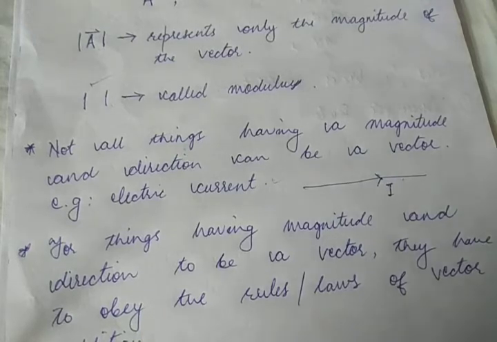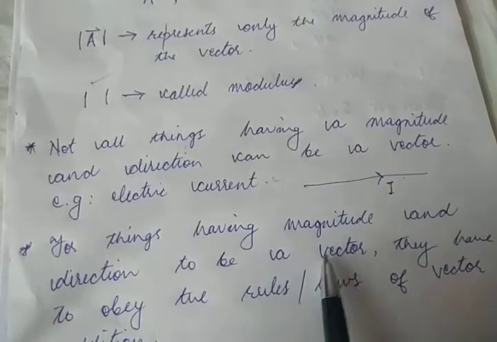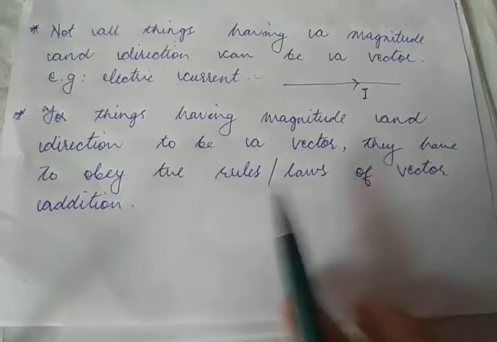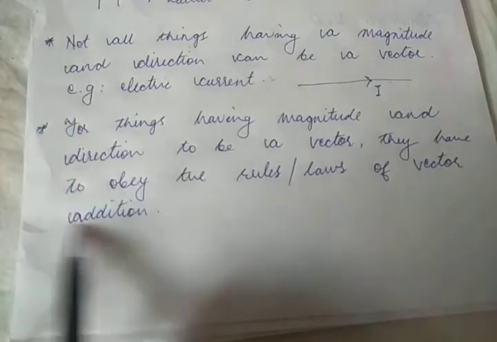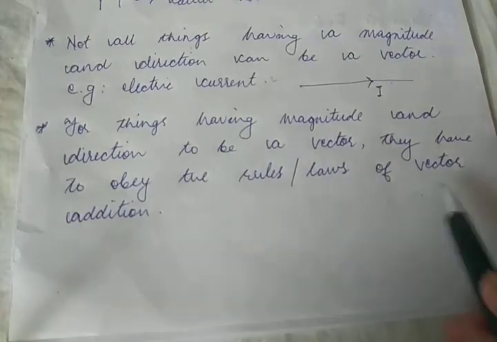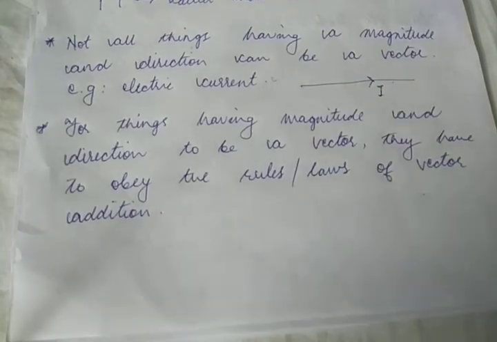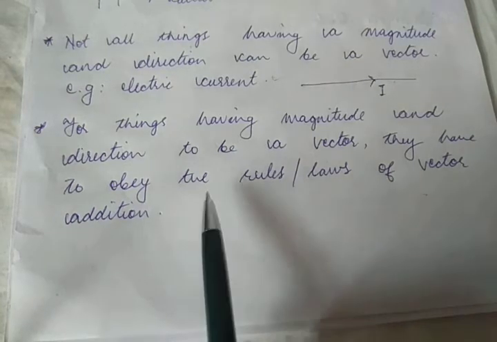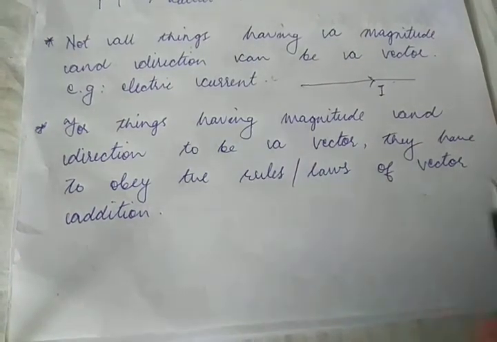Because for things which have magnitude and direction to be considered a vector, they have to obey something called the rules of vector addition. We are going to talk about vector addition in the next video, but remember, they have to abide by the rules of vector addition.